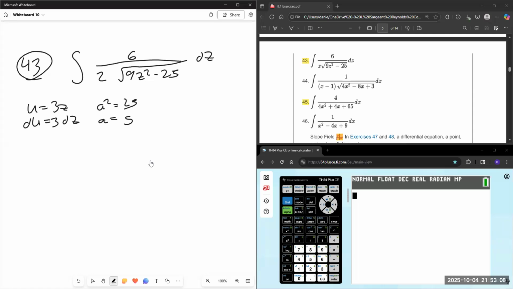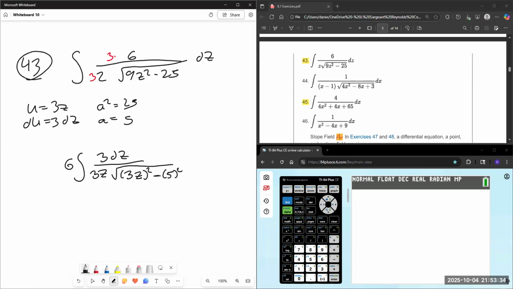I need to get a 3z down here, which means I have to multiply by 3 up there as well. So let's take the 6 out. Let's leave the 3 from the red part up in the numerator to make du. We have u there, we have 3z, that's u squared minus a squared.